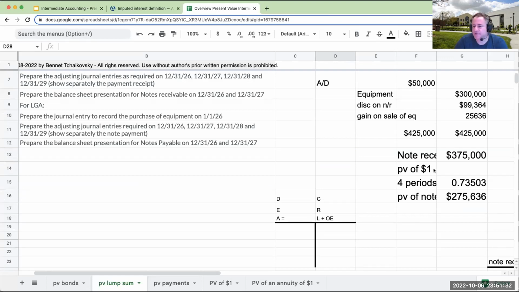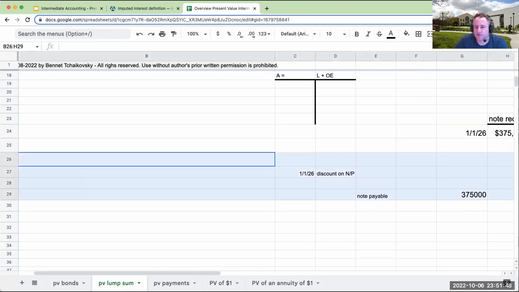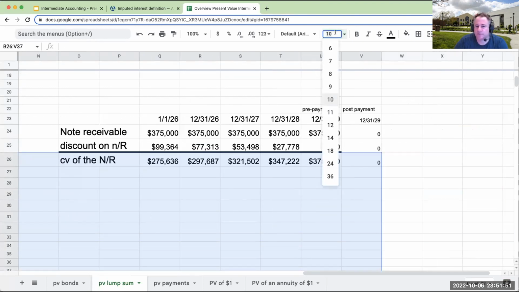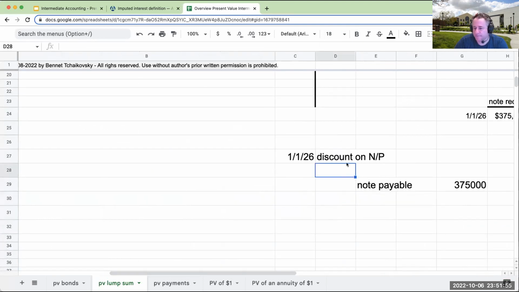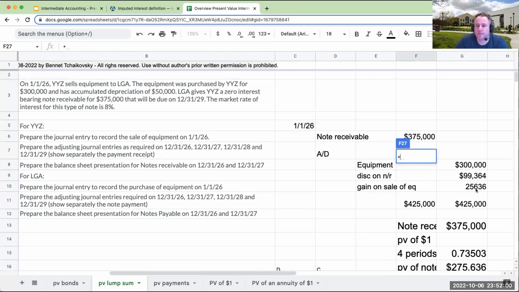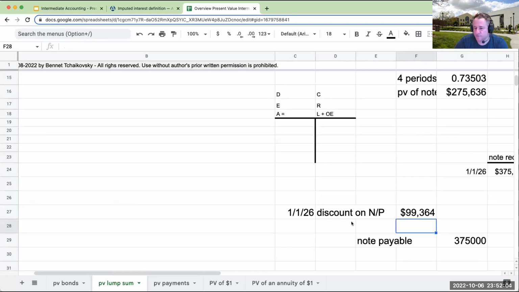Again, it's the opposite, right? If the interest rate is 8%, the present value doesn't change. I have to show the value of the note payable at 275,000. Remember, we're doing this from the perspective of the other party, the one buying the equipment. So my discount on notes payable is going to be $99,364.